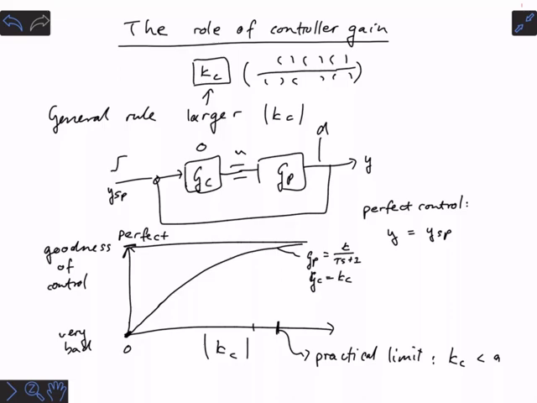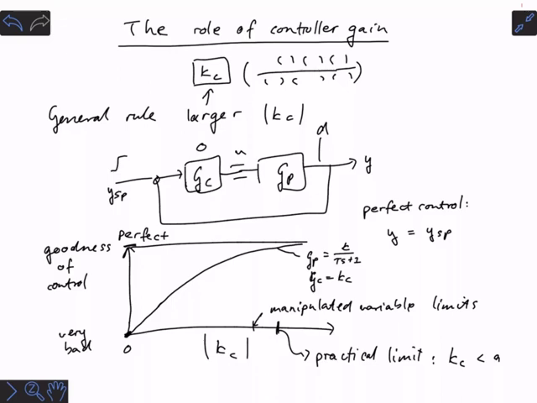And so I have a lower limit which from a practical point of view limits the gain that is actually implementable.